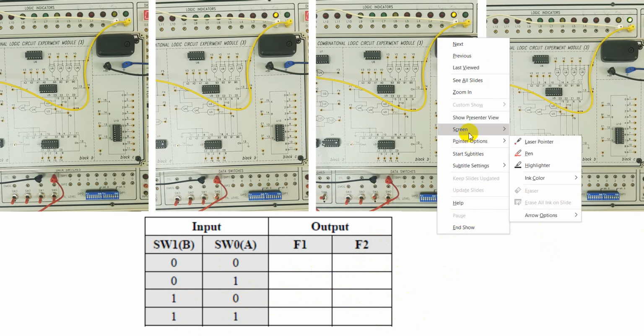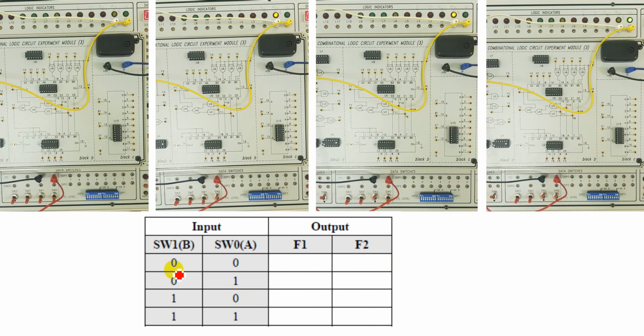Just to verify quickly, whenever we add 0, 0 here, obviously the output will be 0, 0. When we add 0, 1 here, the output is going to be 1. So this means that the carry is going to be 0, the sum is going to be 1. When we add 1 with 0, the carry is going to be 0 and the sum is going to be 1. When we add 1, 1, we will get 2 in decimal.